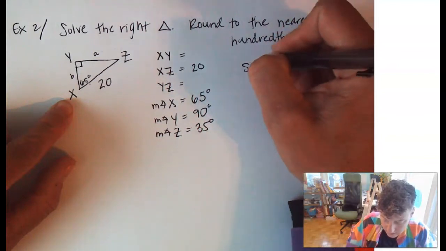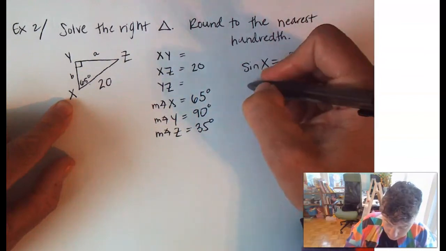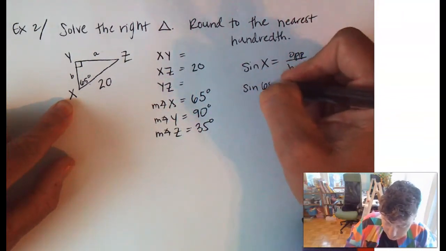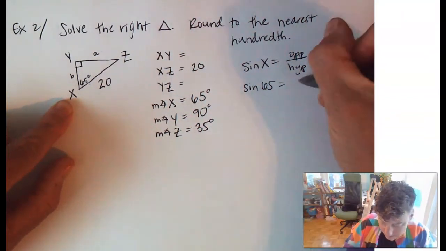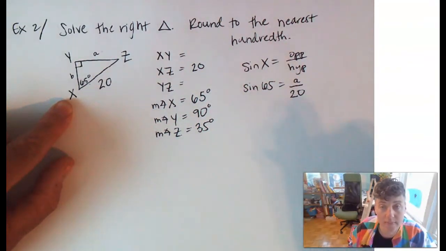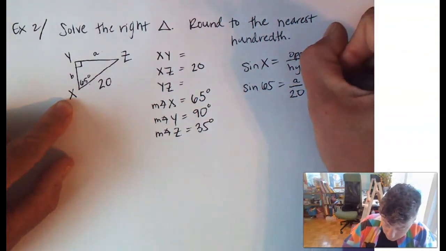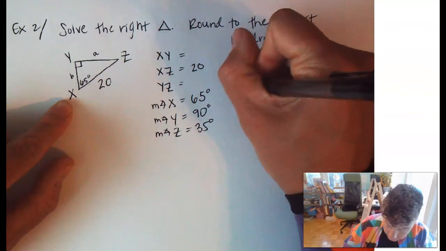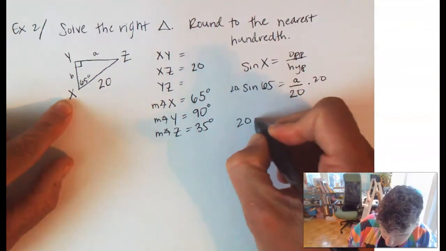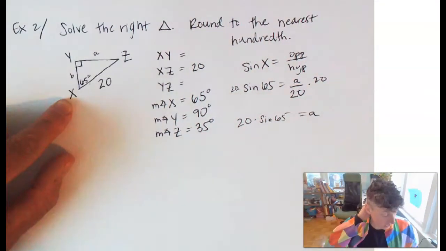Sine of X equals opposite over hypotenuse. We know X is 65 degrees. The opposite side is what we are solving for, and the hypotenuse is 20. Okay? So then we're going to multiply 20 on both sides. So we'll have 20 times the sine of 65 degrees equals A.